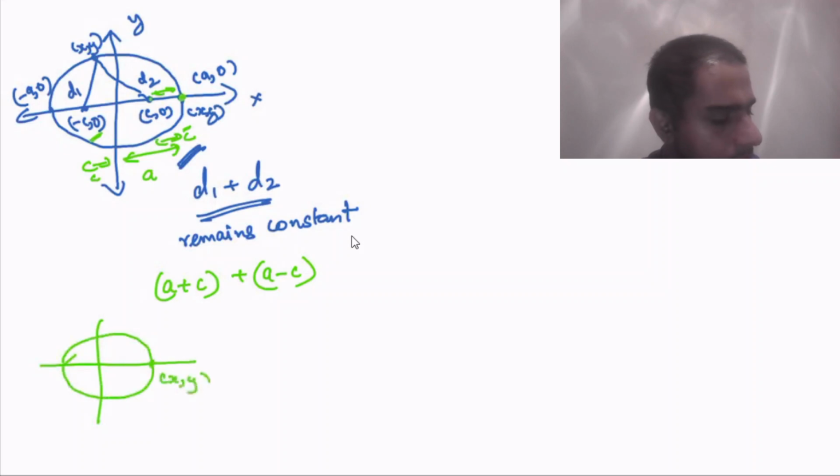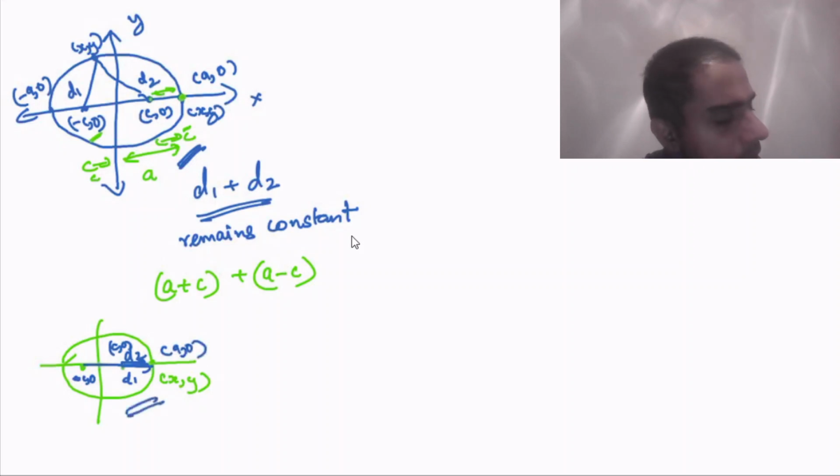x comma y, there are two focus points, and this will be d1 and this will be d2. So this is minus c comma 0, this is c comma 0, and this is a comma 0.